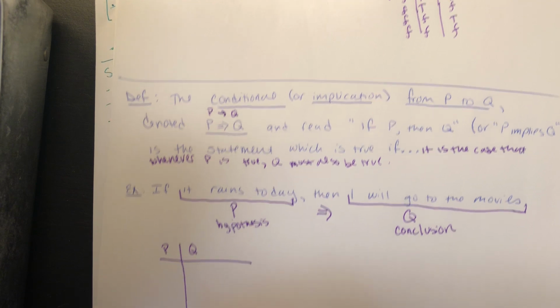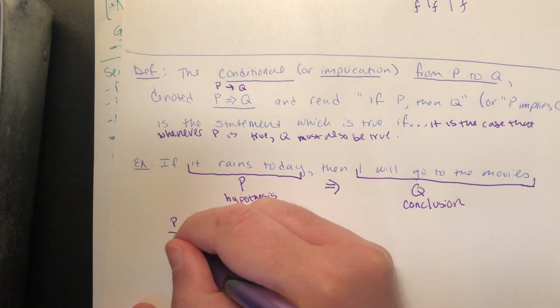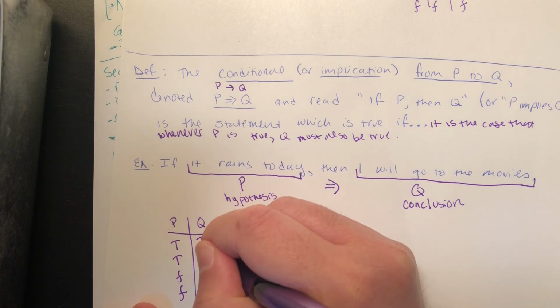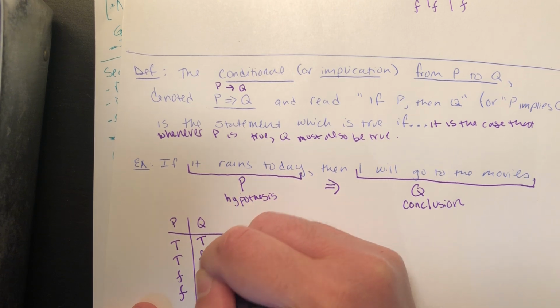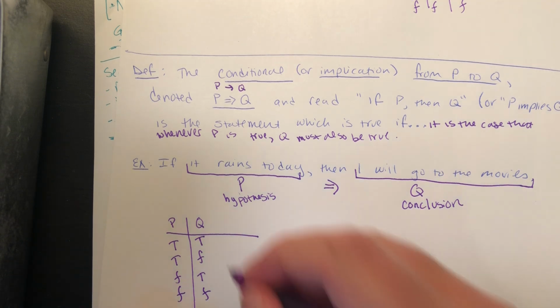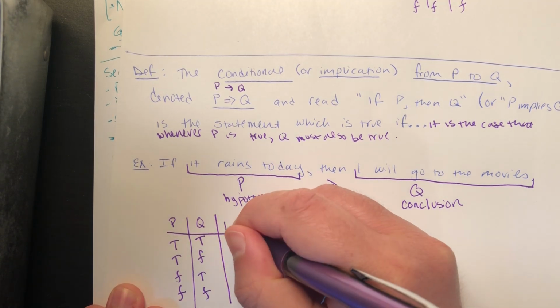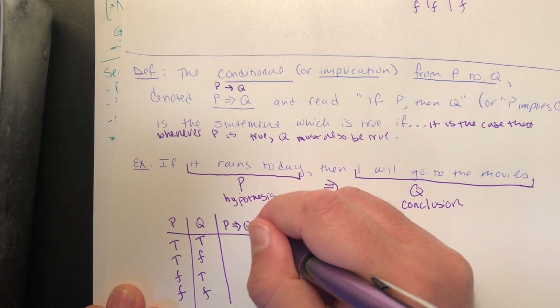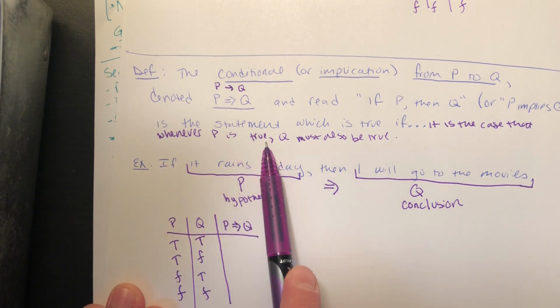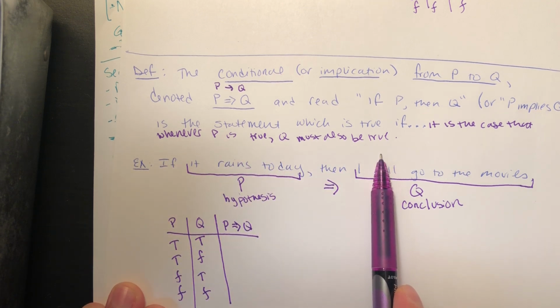Right, so the possible truth values for P would be true, true, false, false. And for Q would be true, false, true, false. Make sure you can actually read this. Okay. All right. So we're saying that the implication P implies Q is going to be true if it's the case that whenever P is true, Q must also be true.